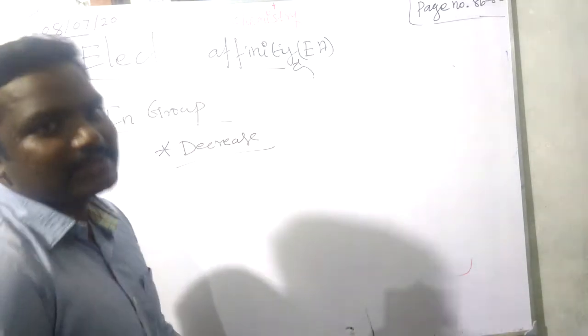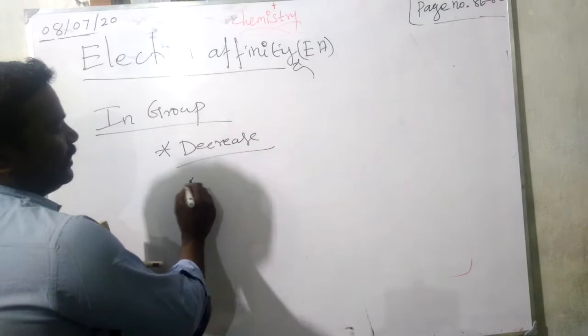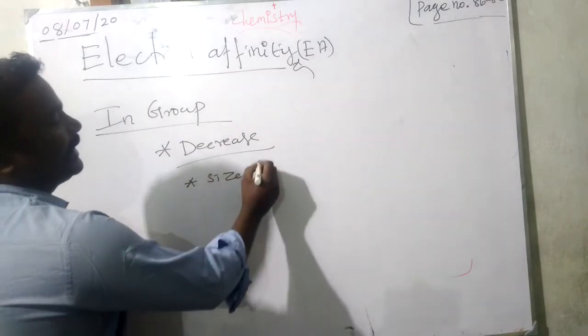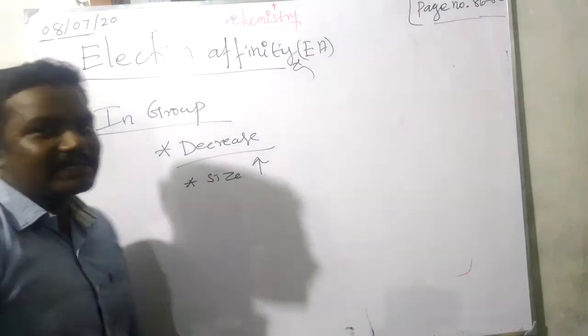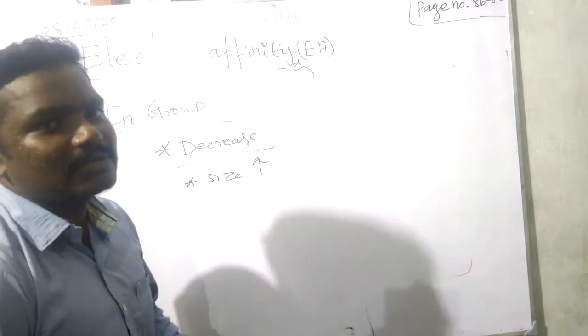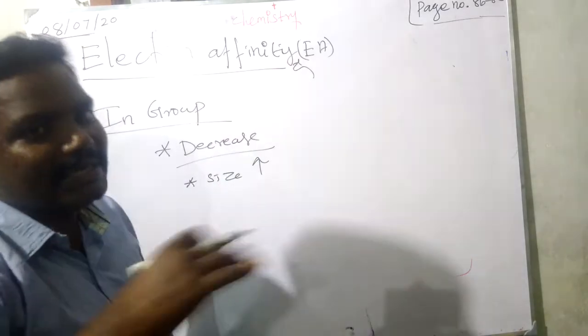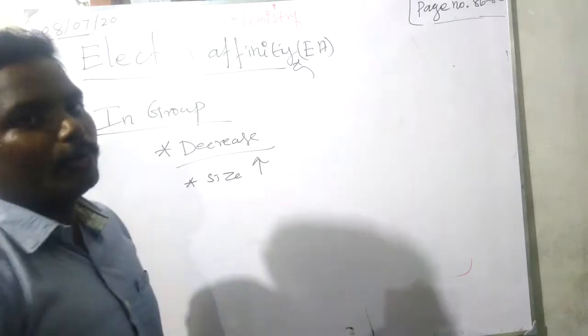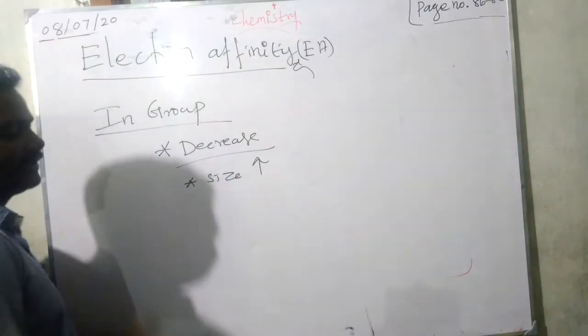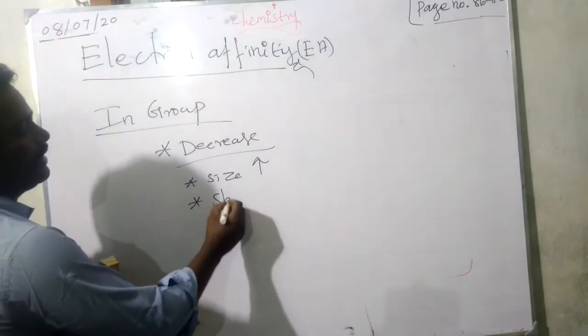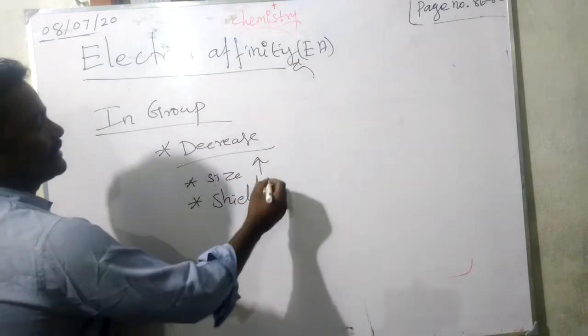Why is electron affinity decreasing group-wise? Because of the same reason, we already know that size increases. Why does size increase? New shells are forming in each period. So from top to bottom, size will increase. Then the effect of the nuclear attraction decreases.